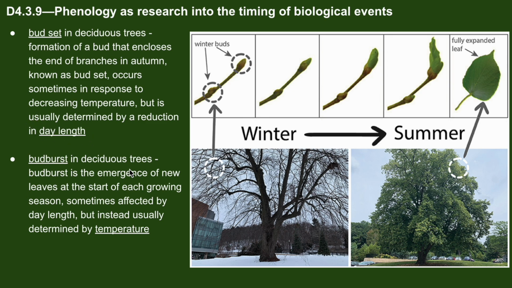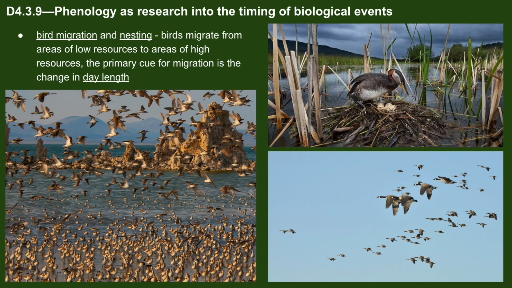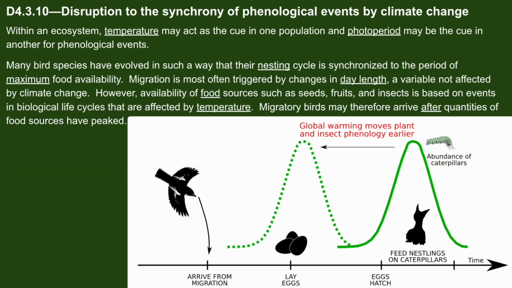Bud burst in deciduous trees is new leaves at the start of each growing season, sometimes affected by day length, but usually determined by temperature. Bird migration and nesting: birds can migrate from areas of low resources to high resources. The primary cue for migration is a change in day length.